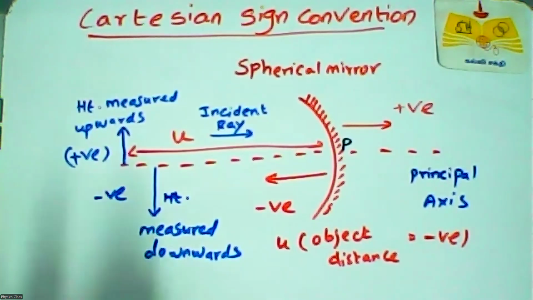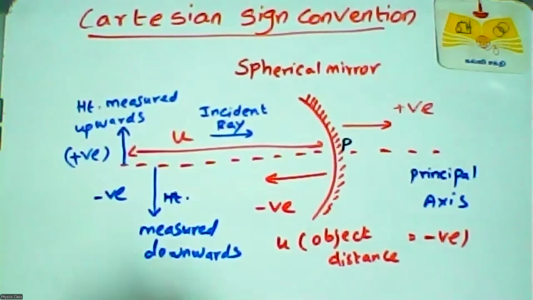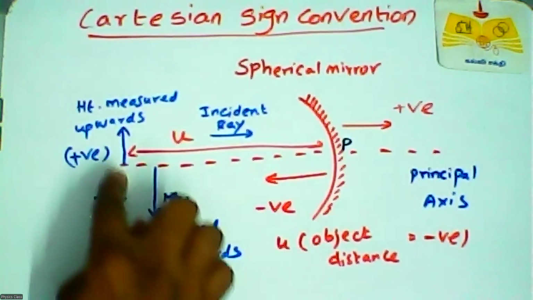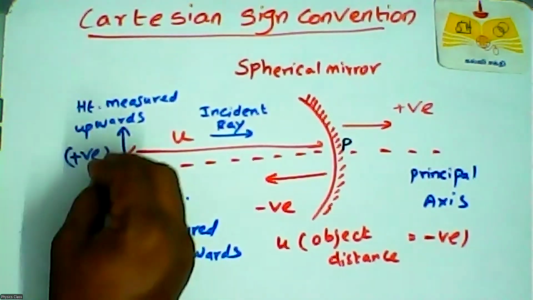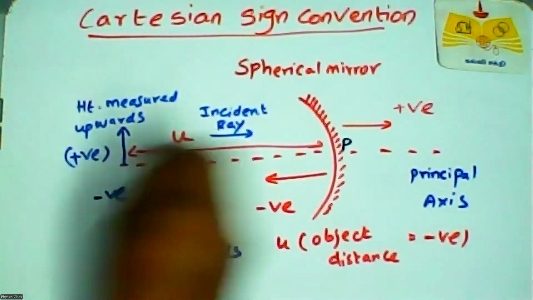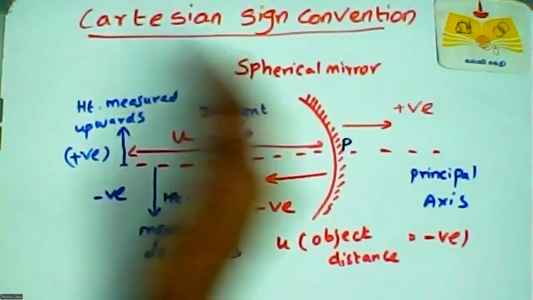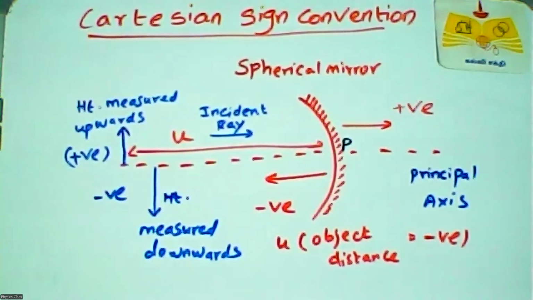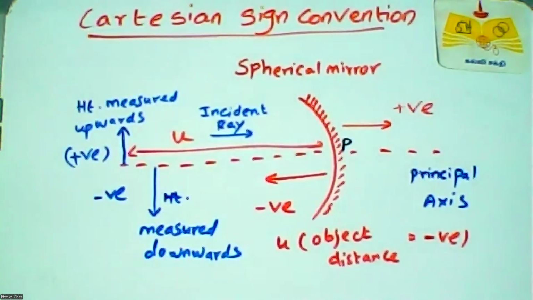Let's start with the object distance, which is denoted by u. The object distance is the distance between the object and the pole of the mirror. According to the Cartesian sign convention, if the object is in front of the mirror, we measure from the pole to this position, so negative.